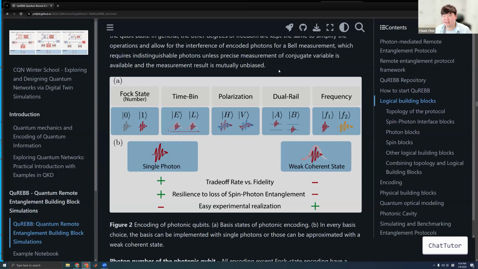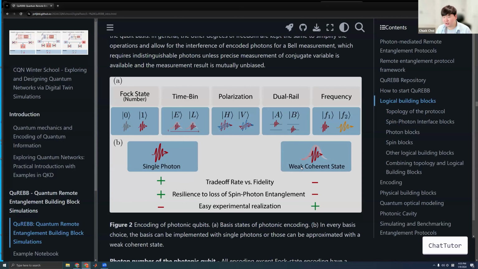And in all of these basis choices, except the Fock state basis, you can encode the basis with single photons or weak coherent states. For example, they are approximately the same when the weak coherent state has a low amplitude, but weak coherent states have a disadvantage that they can have a 2 photon state or 3 photon state or even higher multi-photon states.